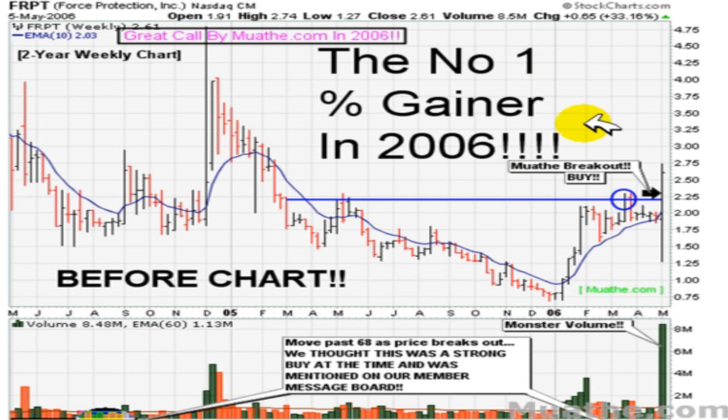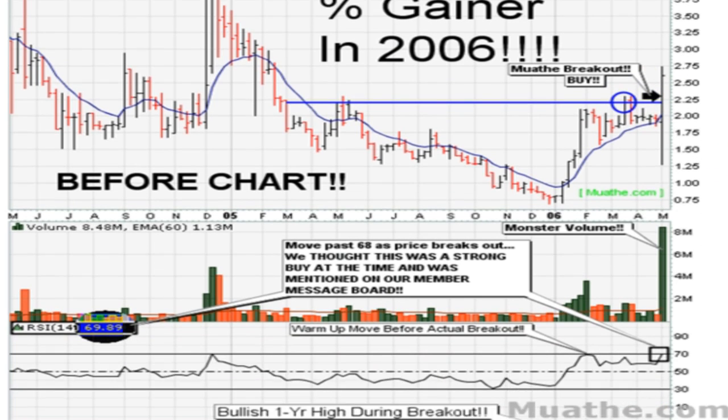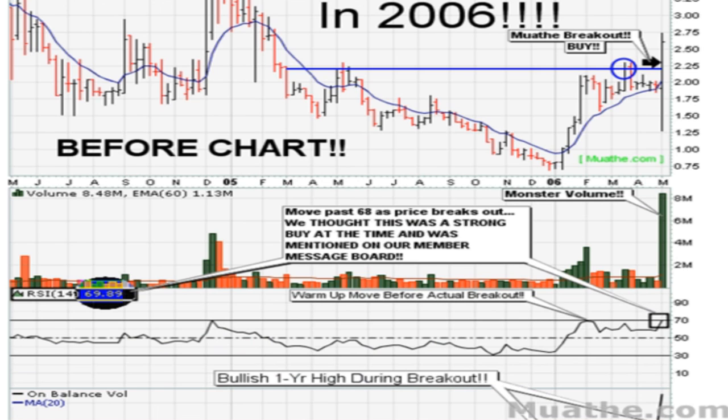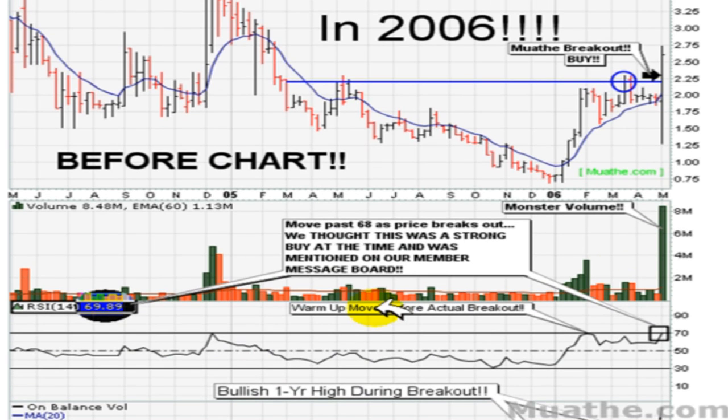This was the number one performing stock in 2006. Now, as it moved above this range right here, what I want us to look at is the angle of penetration on the RSI. So now what we see is that we already have evidence. See this sharp, steep angle right there, and this was really telling us what the stock does when it moves above 68.